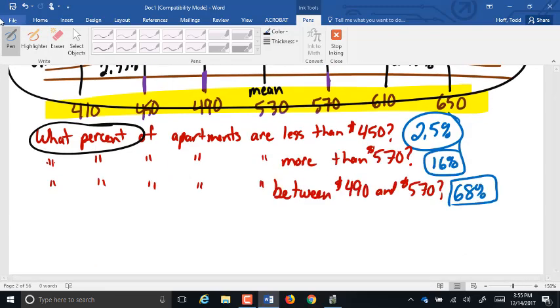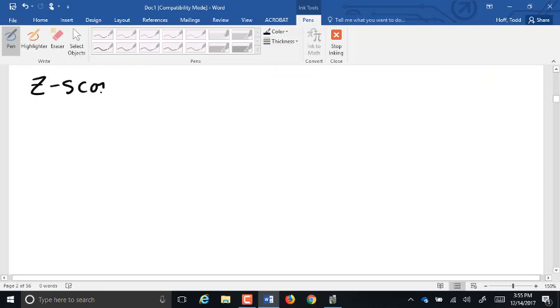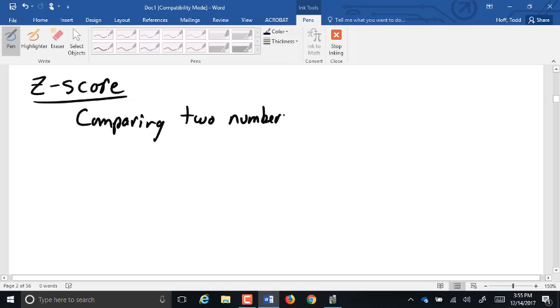Well, the other thing we talked about that used the mean and the standard deviation was the z-score. The empirical rule was for comparing numbers to the rest of their population. Z-score is for comparing two numbers to each other that are from different populations.